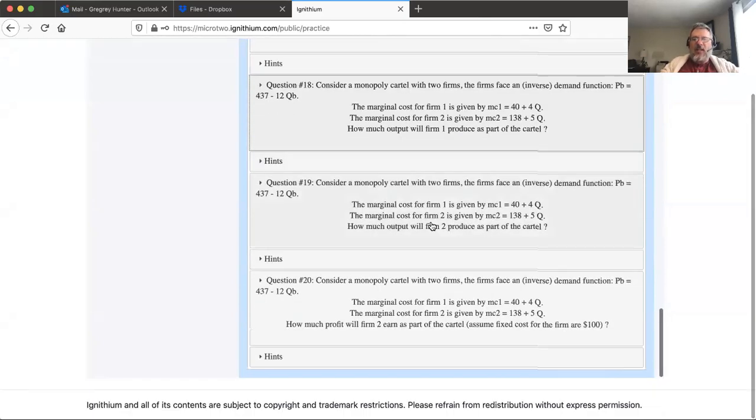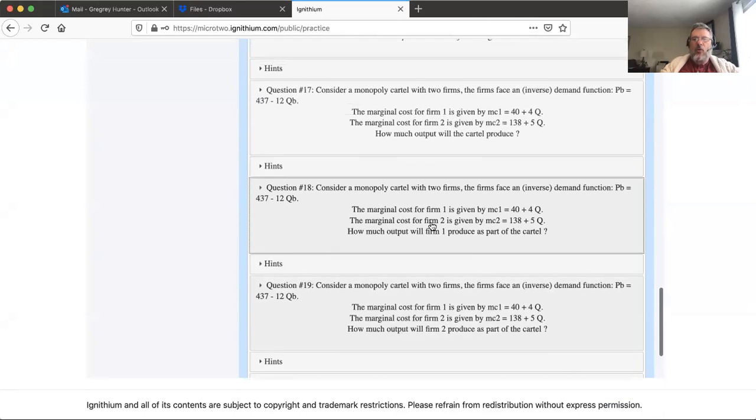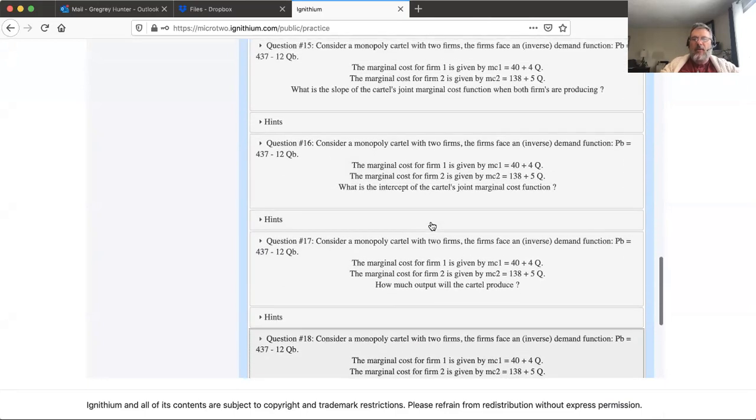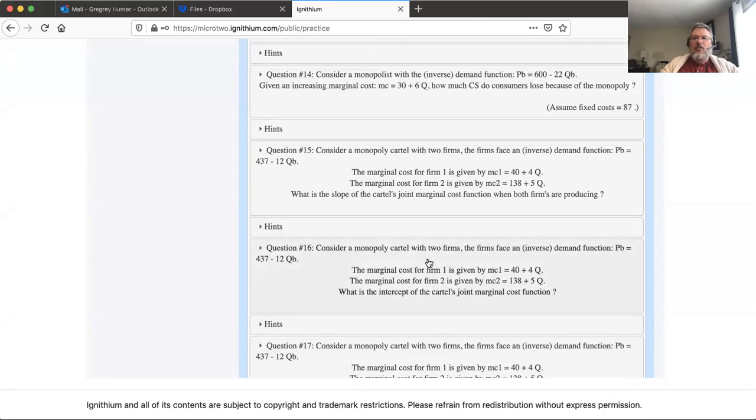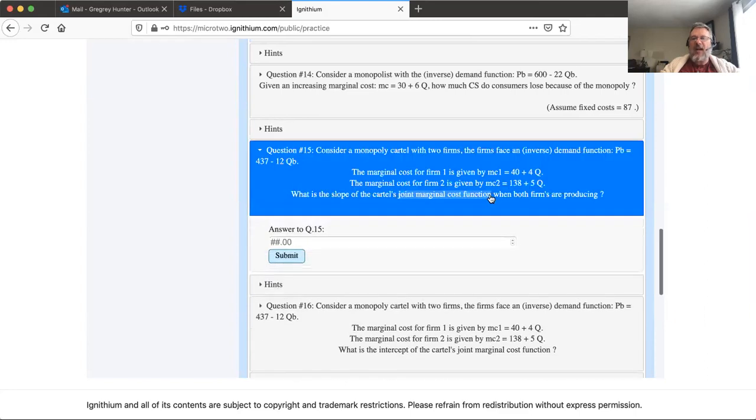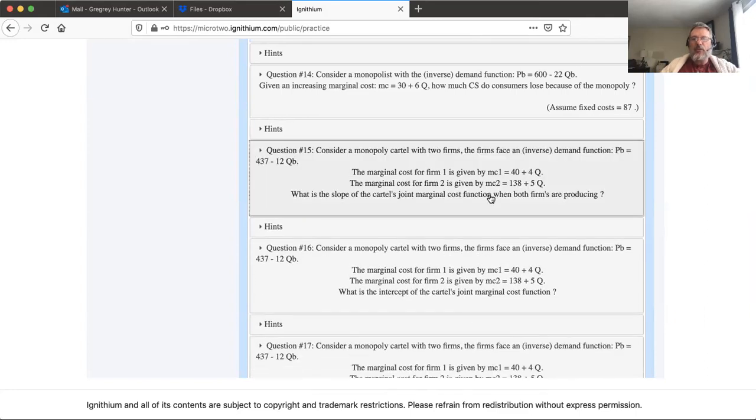And then we could go ahead and solve the problems. So we have just about 10 minutes left, and this should be enough time for us to begin. So let's go ahead and take question 15. Go ahead and solve question 15. Remember, we're looking for the slope of the joint marginal cost function, and I'll give you guys 5 minutes to do that.